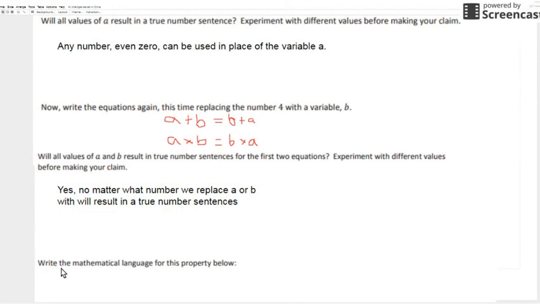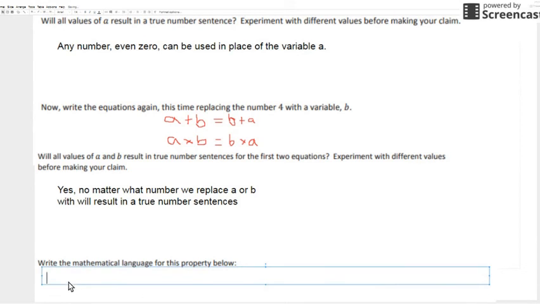All right, so the last part now says, write a mathematical language for this property. So now we have to write this in mathematical language, very similar to what we did before. This time we have 2 of them, so let's do one at a time. First we have a plus b equals b plus a.